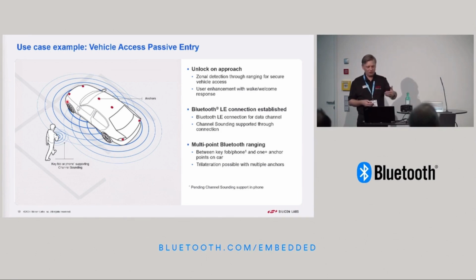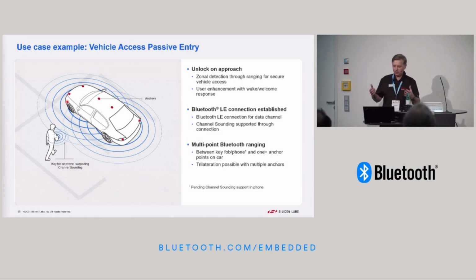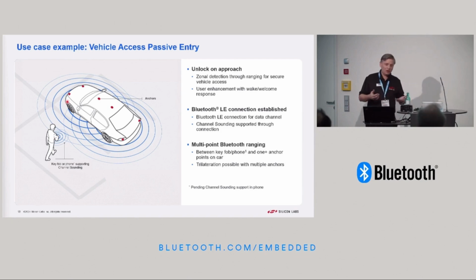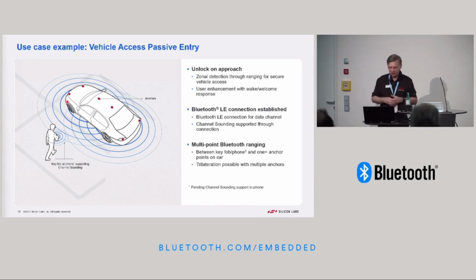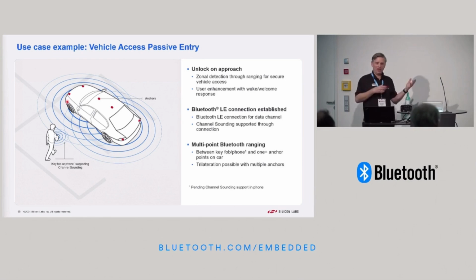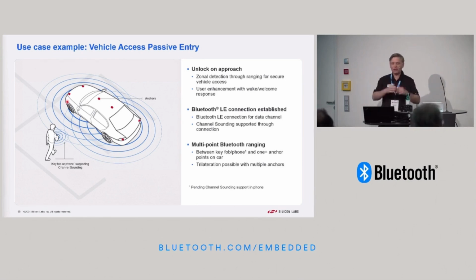You can unlock a car, you can start a car. This can be used with a single access point, say on the hood of the car, or multiple access points spanning the car. That, of course, adds complexity where each access point needs to coordinate with one another and potentially hand off a BLE connection between access points or operate multiple anchor points simultaneously.